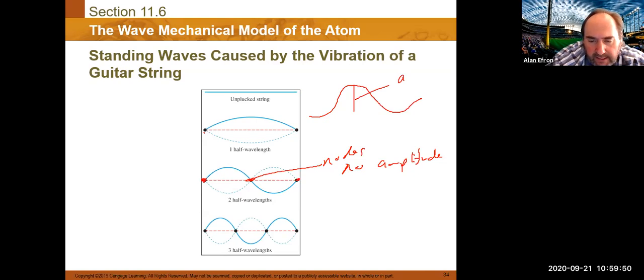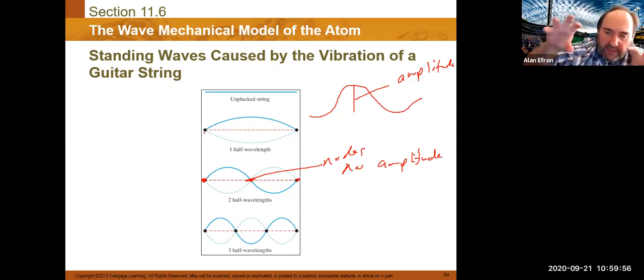It's basically the height of the wave, if you will. So there are certain parts in a standing wave, because it's locked into place, where there's really no amplitude or height of the wave, and that's important in terms of its relationship to the nucleus and where it's standing.